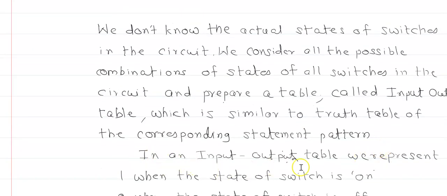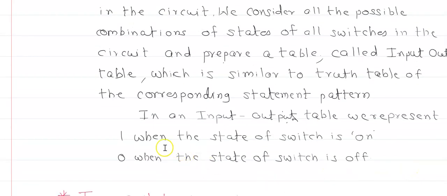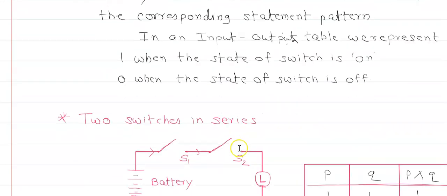In an input-output table, we represent 1 when the state of the switch is on. That is, in truth tables we apply capital T, and here we will apply 1, and 0 when the state of the switch is off. Now see this here.